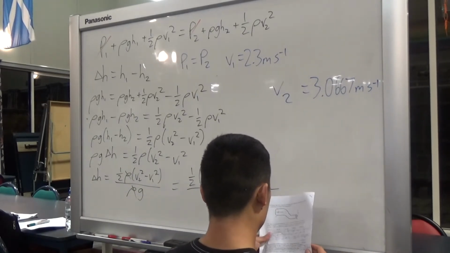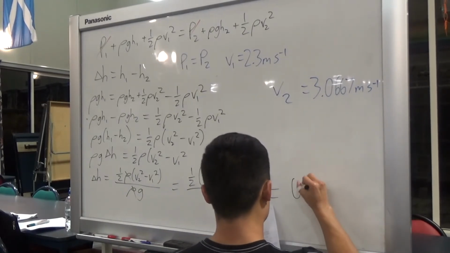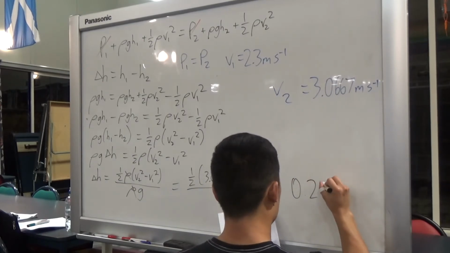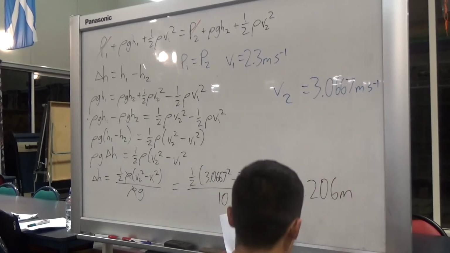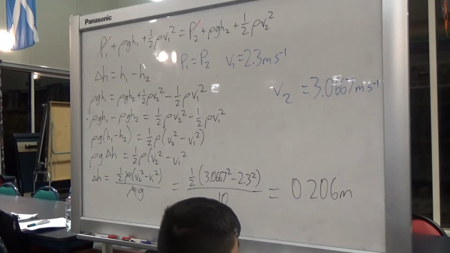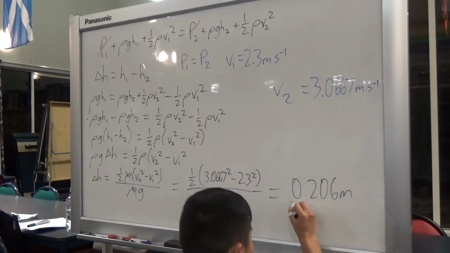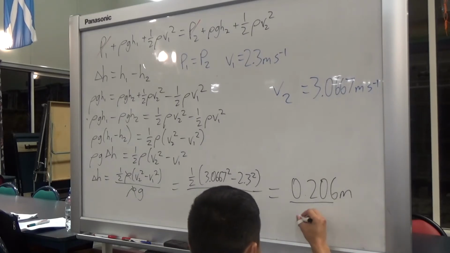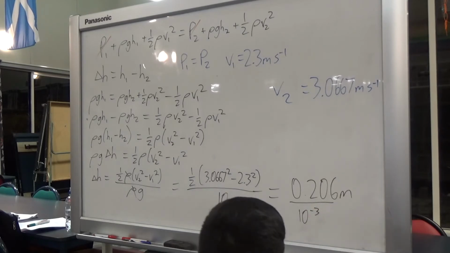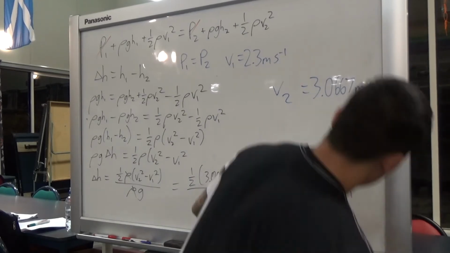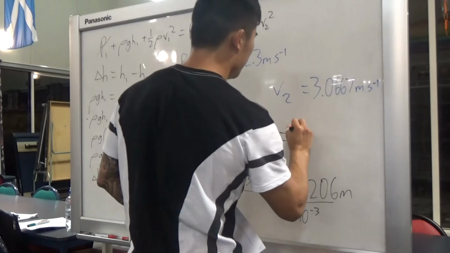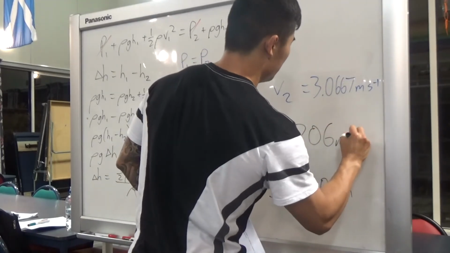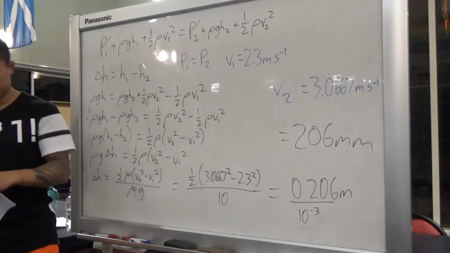So that should give you 0.206 meters. And you want to turn that into millimeters, so you're just going to divide by the prefix for milli, which is times 10 to the negative 3. Okay, so that will give you 206 millimeters.